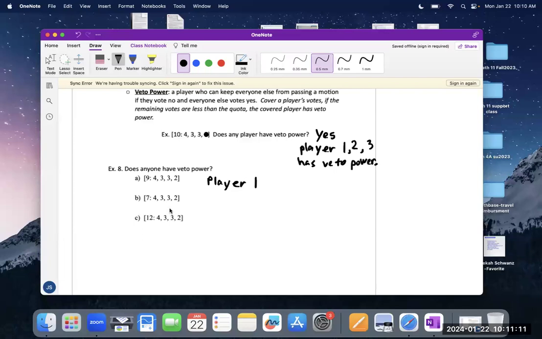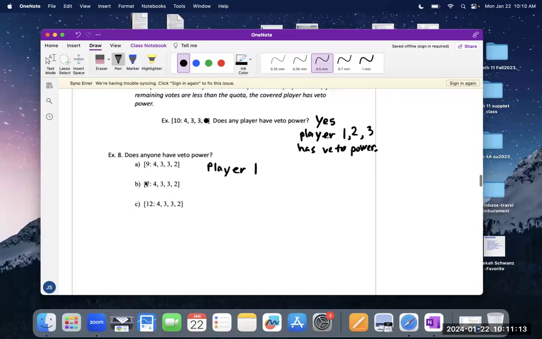Let's look at the next thing. So the quota here in example 8, part B, is 7. So like I said, check the person with the most points first. I take away player 1, and I see, does everybody else have enough points to pass the motion?